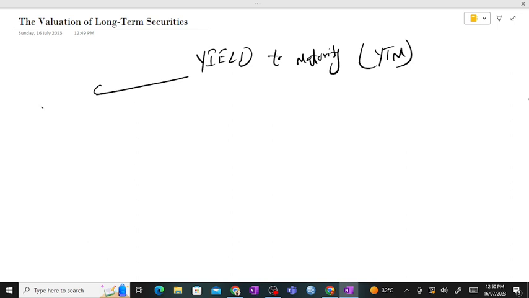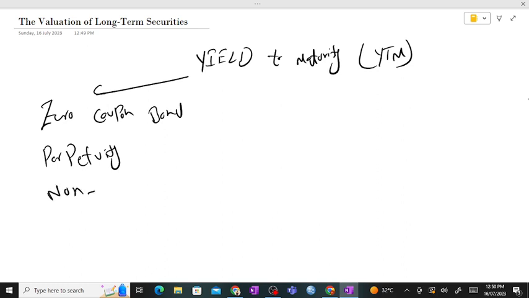zero coupon bond and perpetuity are. In the previous lecture, all the questions we covered were related to the non-zero coupon bond.